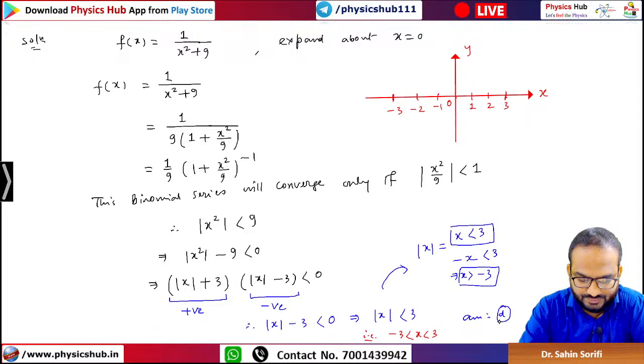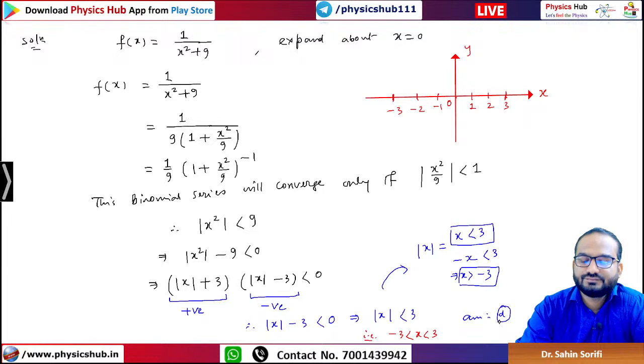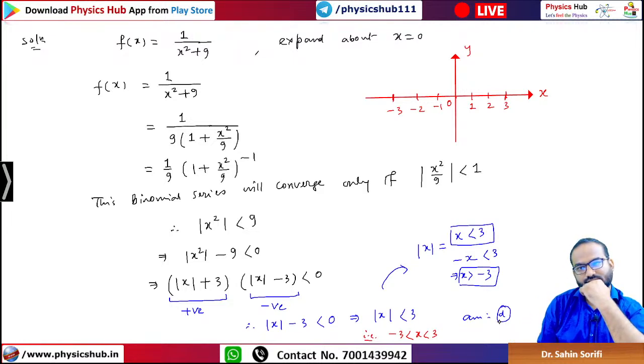For large x, the function tends to 0. But you see, Deep, why for all values will not be the answer?